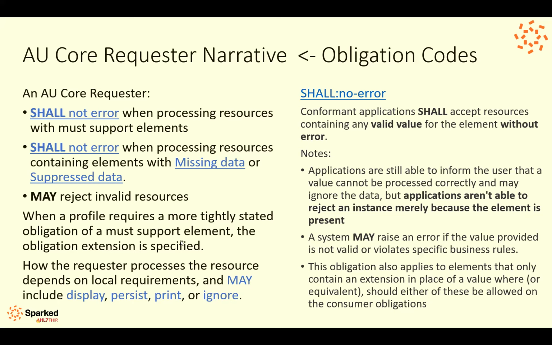The more tightly stated ones are some of the other codes that are available in the obligations, such as handle, display, persist, print, ignore, such as those down in the bottom there. So they are the examples of what we could state. Now, whether we would or not in AU Core, we haven't got to yet, but by default, we're saying it's no error, and we've now got a mechanism to be able to state something more specific rather than having to put no error on every individual element.